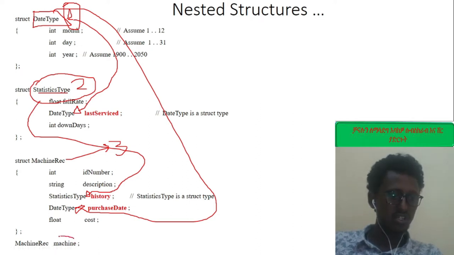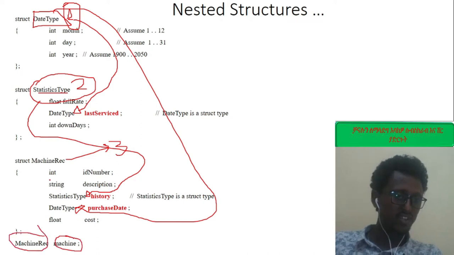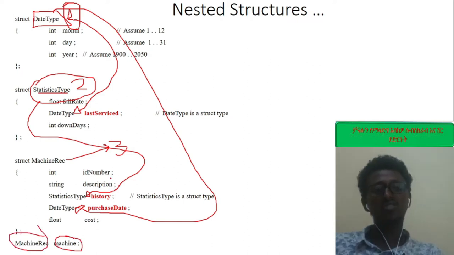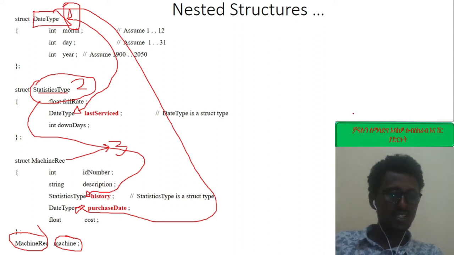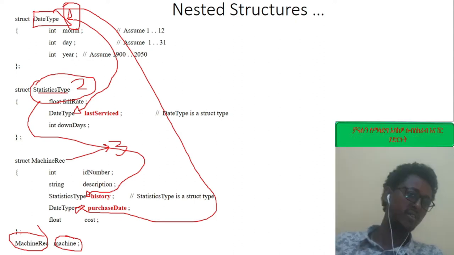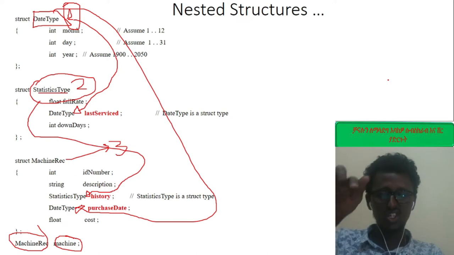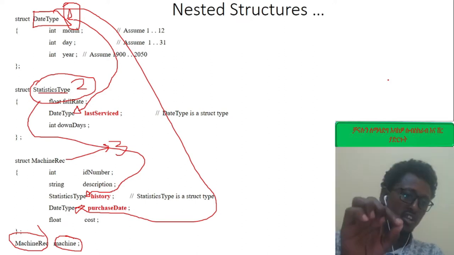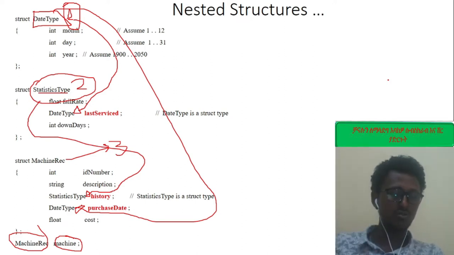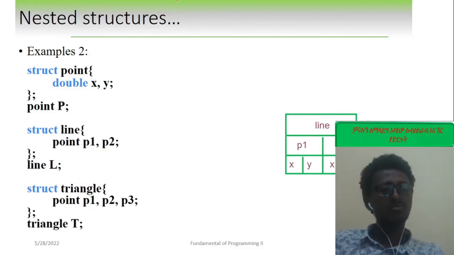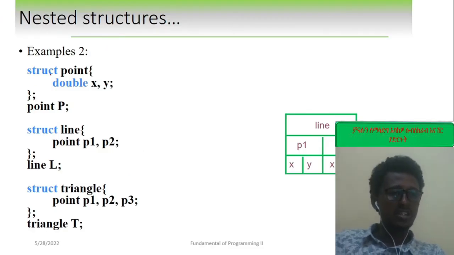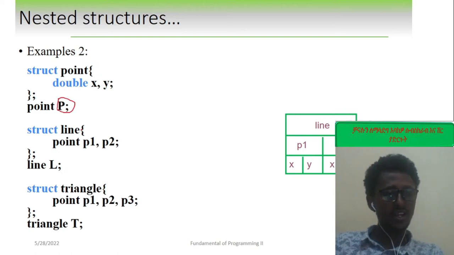This is the object of the first structure, or this structure is the contained structure, and we access the members of the member variables under each structure. We can create the object of that structure. Look here. Struct point: double x, y; point p. P is the object, and then struct line: point p1, p2.